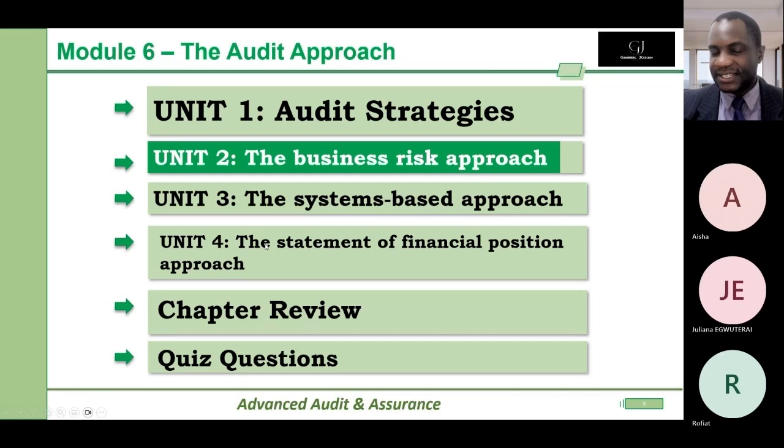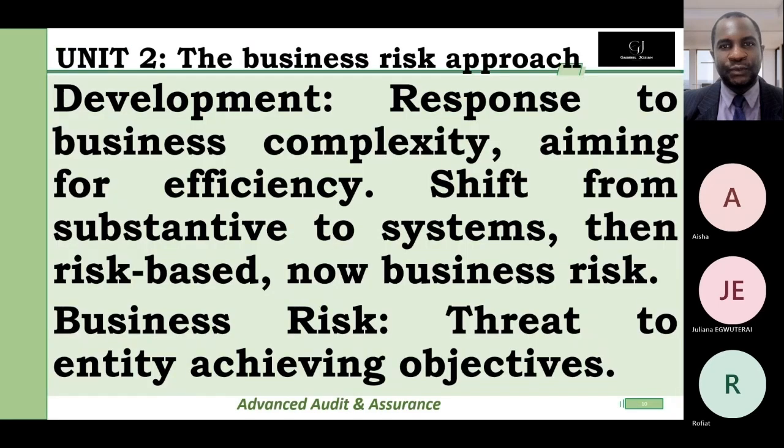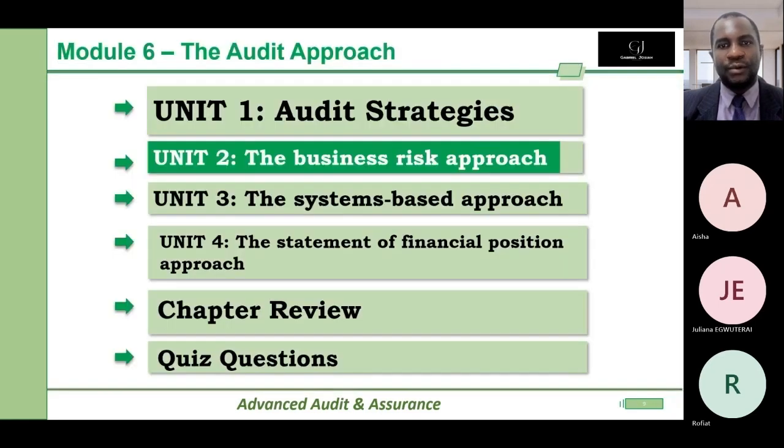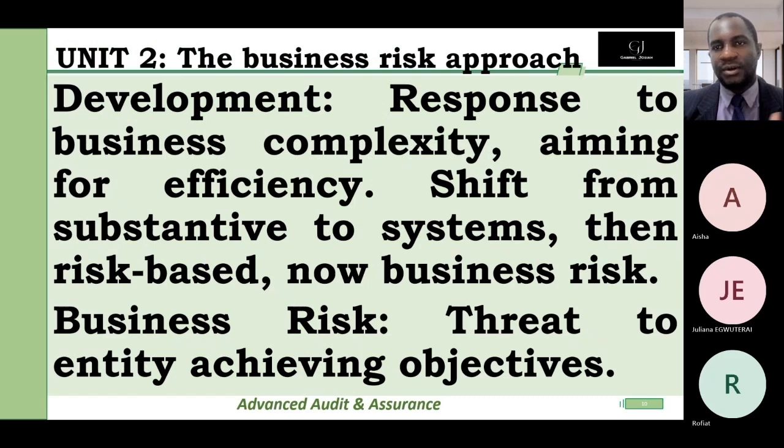So let's run through the business risk approach briefly, and let's look at what that speaks to in our audit approach. Okay, so in the development of the business risk approach, we are looking at the responses to business complexities. The business complexities differ among our clients and the business we are auditing. So the objective is to aim for efficiency in performing the audit and also producing our opinion based on our audit evidence.